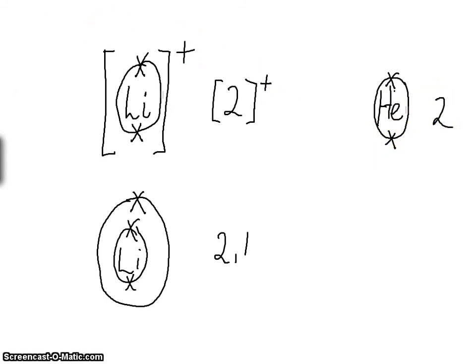This lithium here is not helium. It's still lithium because it's got the 3 protons in the nucleus. It's just lost an electron, and therefore it has the same electronic structure as helium, but it is not helium, it's still lithium, and so this is now our lithium ion.